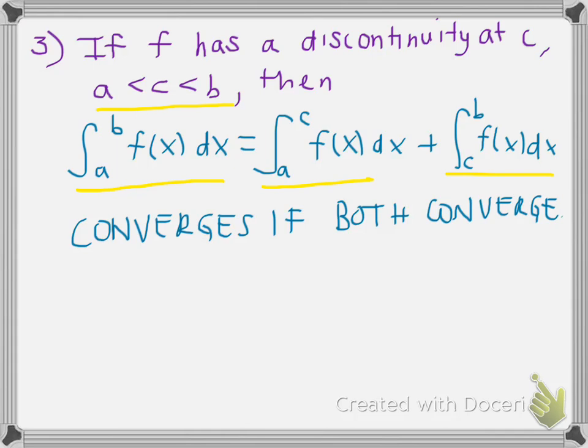You'll break it up into the integral from a to c of f of x dx plus the integral from c to b of f of x dx. And this, which is very important to note, will converge if both converge. Both have to converge in order for the entire integral to converge.